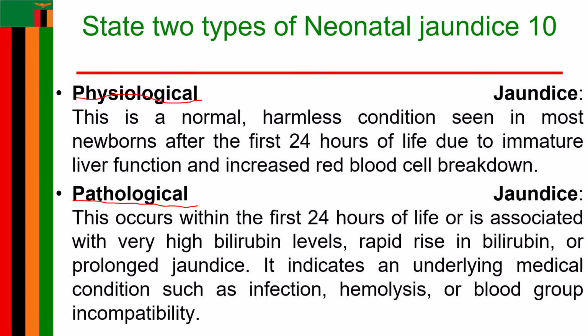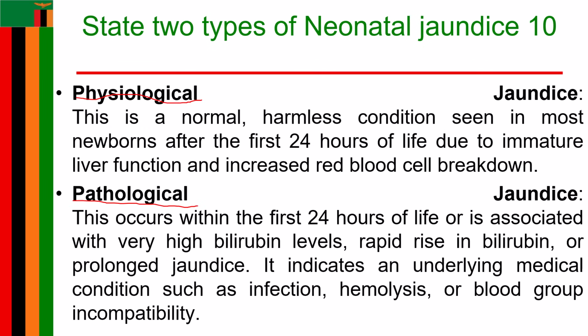But the other type of jaundice is pathological jaundice. Now with pathological jaundice, this type of jaundice occurs within the first 24 hours of life. And it is mainly associated with high bilirubin levels and, of course, a rapid rise in bilirubin and prolonged jaundice.